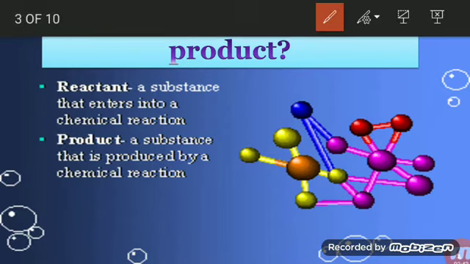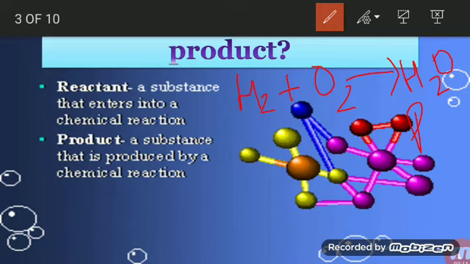Hydrogen and oxygen are the reactants, and the final result is the product. So H2 plus O2 are reactants, and the substance that is formed, H2O, that is water, is the product.